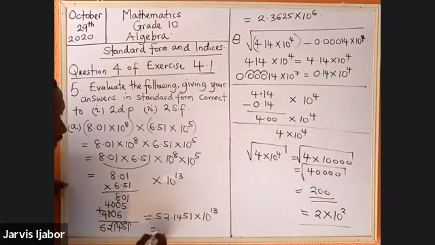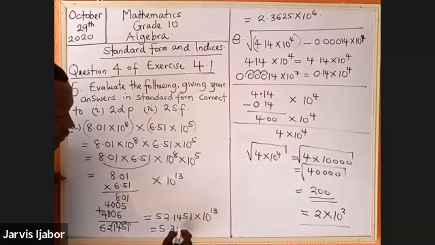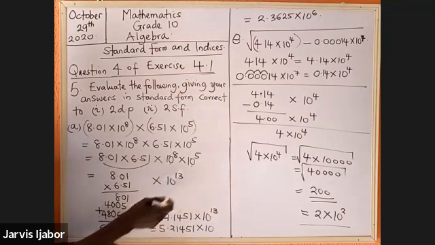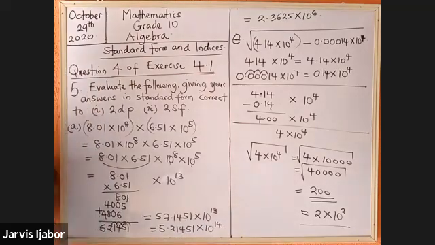But that's not the answer, because remember that we are to express our answer in standard form. Standard form is the expression of a unit decimal times the number of movements. Now, because I have reduced here, I will increase here. So this becomes to the power of 14. Okay?